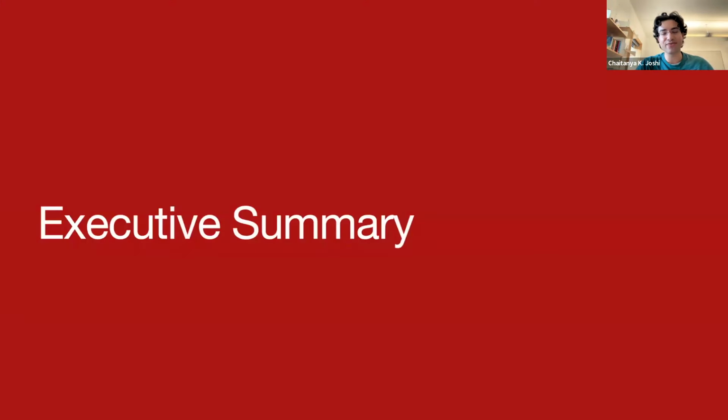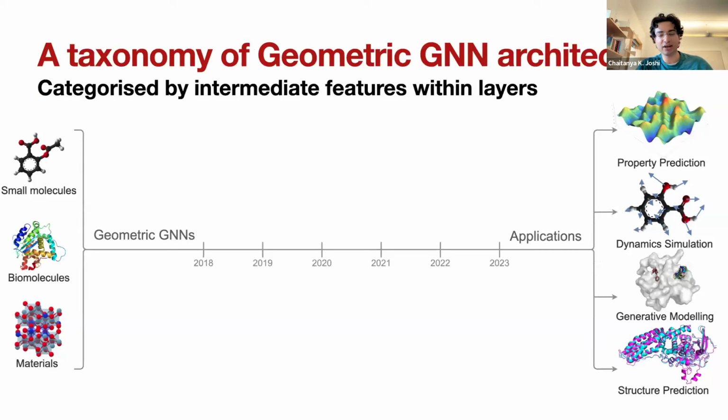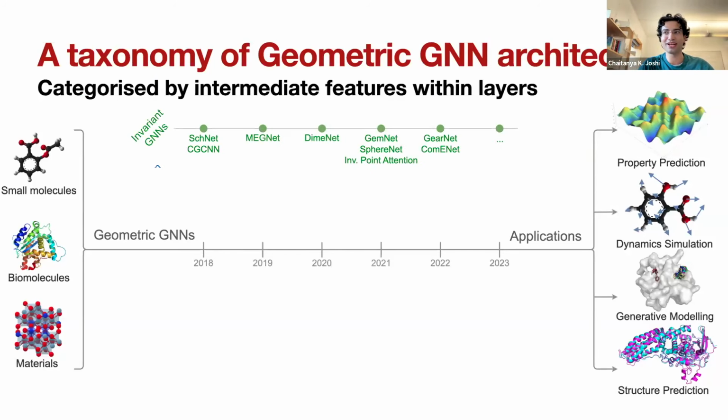Before I dive in, here's a very quick executive summary for those in the know. The objective of this work is to include almost all the contextual material you need to understand the field. The inputs, which are these atomic systems, molecules, or materials, and so on. The outputs, so what are the tasks that you can do with these kinds of models? What are the applications? And then everything in between, which is actually a lot, but essentially these geometric graph neural network layers.